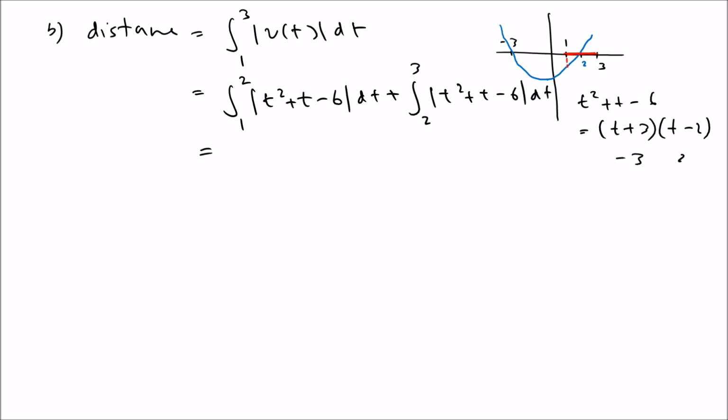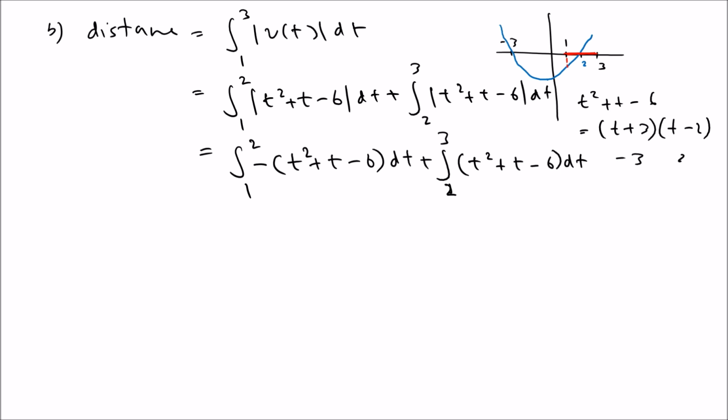Now if it's a negative function, absolute value means the negative of the function. So you multiply by the negative, because at that point the function is negative, dt, plus here the function is positive, so we just rewrite, no multiply by negative. Okay, good.